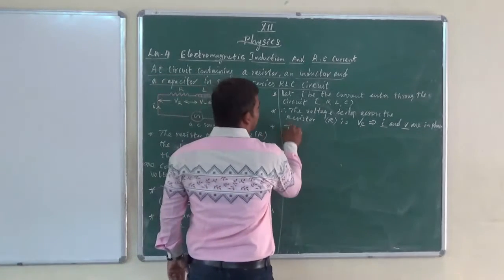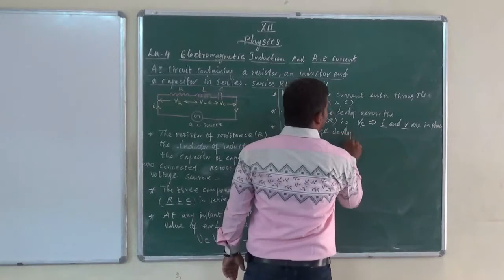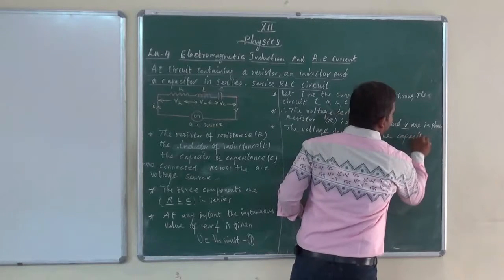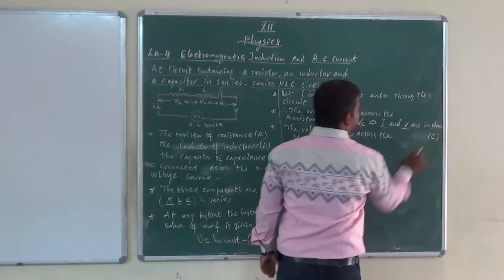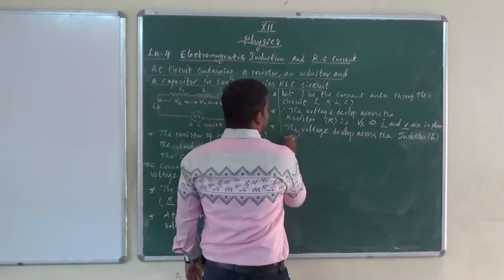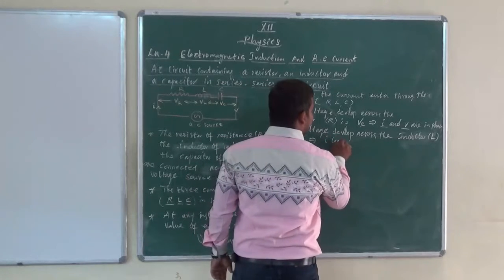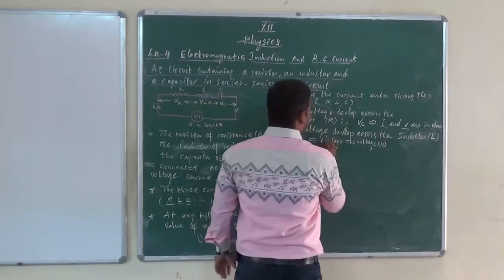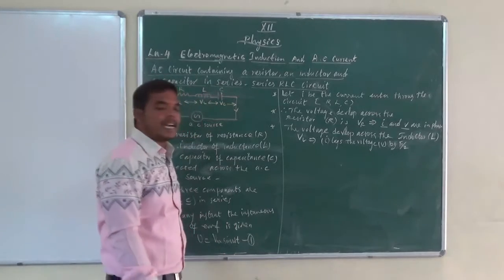Next step, the voltage developed across the inductor. The inductor is represented by L, so the voltage is VL. Here the current lags the voltage by pi by 2, or the voltage leads the current by pi by 2.